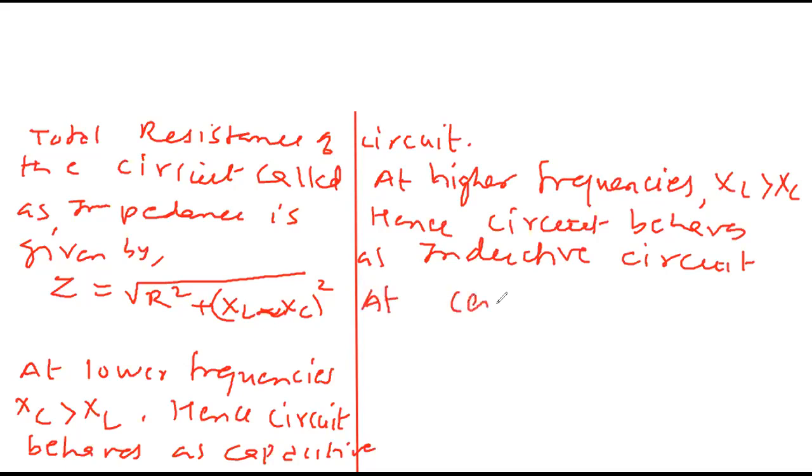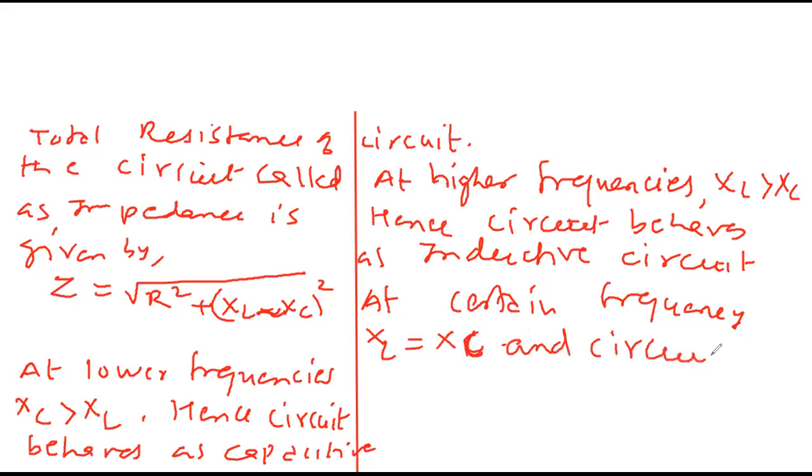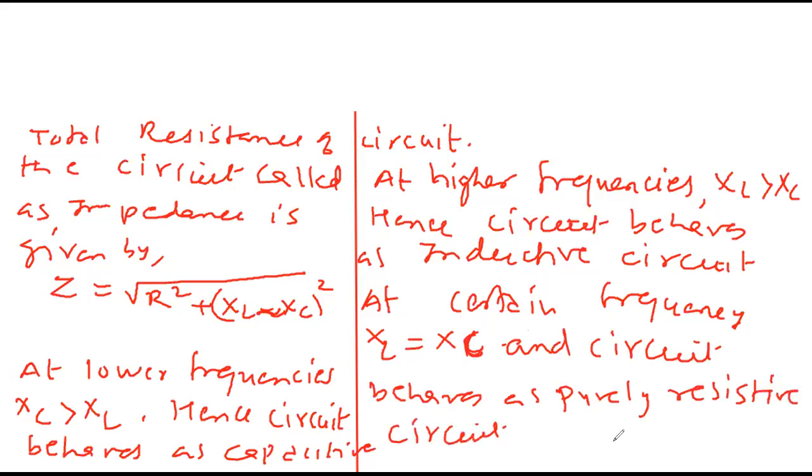At a certain frequency, XL will become equal to XC and the circuit behaves as a purely resistive circuit, and impedance becomes only resistance.